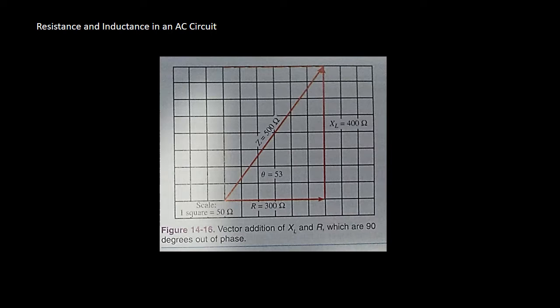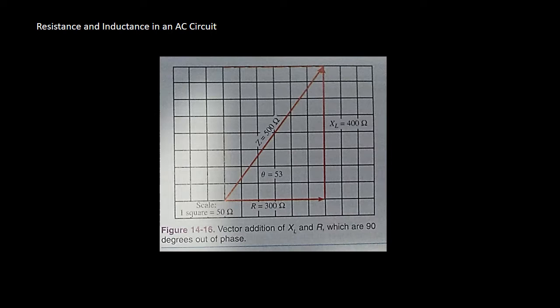This new vector shows the magnitude and direction of the combined forces. The angle between this new vector and the resistance vector is theta, as seen in figure 14-16 on your screen.